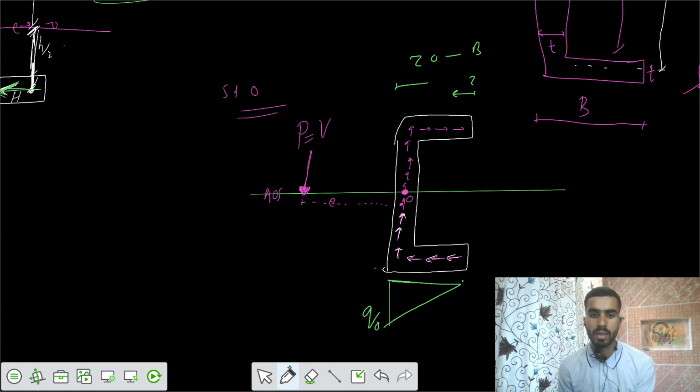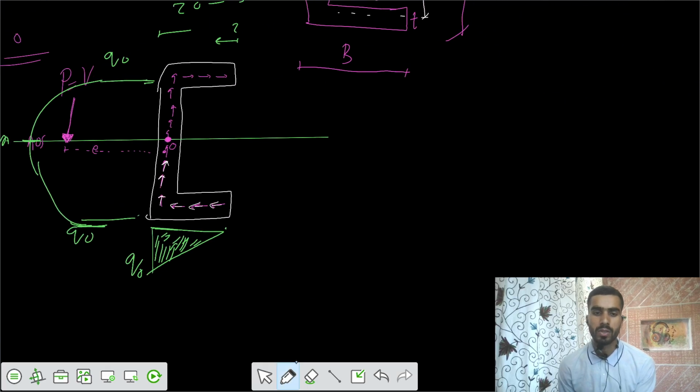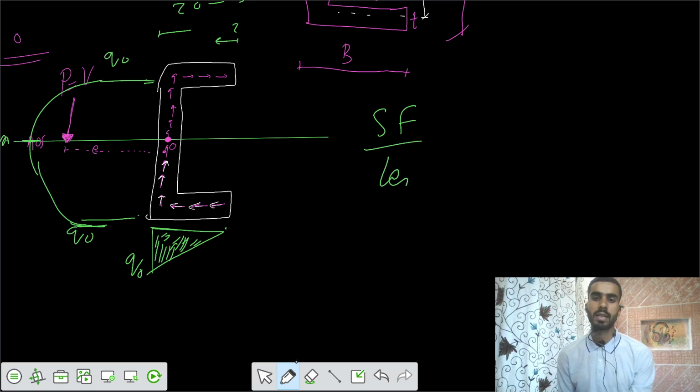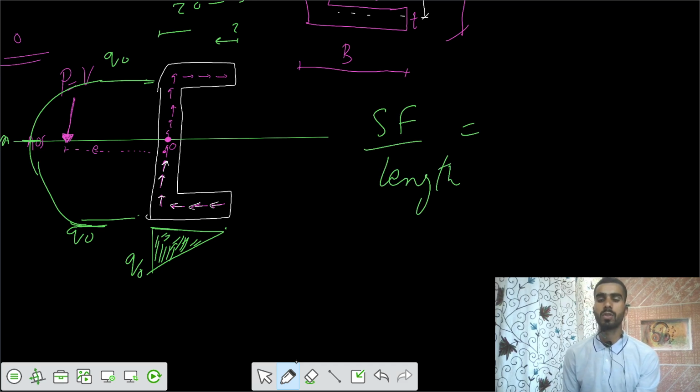And similarly, in this part, the web, there will be some shear flow of q, and then it increases parabolically up to the maximum at the neutral axis. So this is your shear flow in the web. I would say the value of h we can calculate based on this. We know that the shear force per unit length equals shear flow.